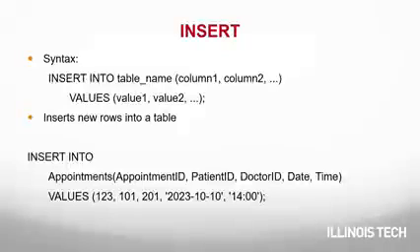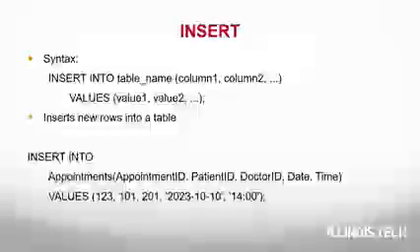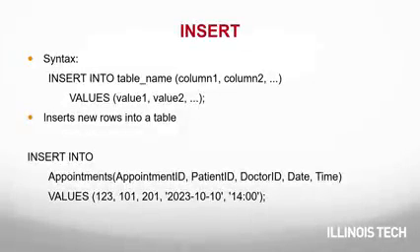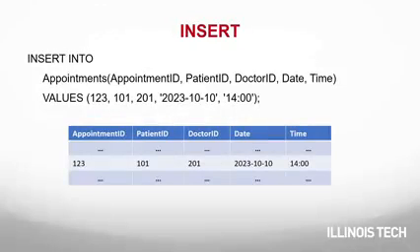We're going to be talking about data types a little bit later when we talk about defining tables. But for now, suffice it to say numbers have to be numbers, strings have to be strings, and so forth. So for example, if we want to add a new appointment, we can say insert into appointments, appointment ID, patient ID, doctor ID, date and time. Values 123 for the new appointment ID, 101 for the patient ID, 201 for the doctor ID, and the date and the time being October 10th, 2023 at 2 p.m. The result will be we'll have all of the other data in the table still there, and we'll have a new row, 123, 101, 201, October 10th, 2 p.m., exactly as specified.